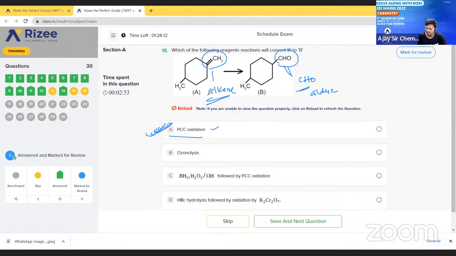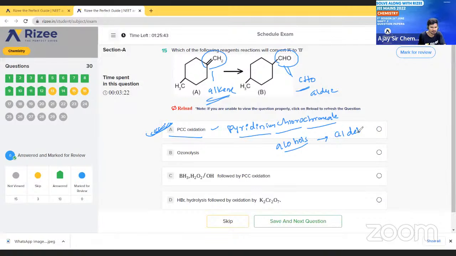What is meant by PCC oxidation, tell me. PCC means pyridinium chlorochromate. In this reaction generally alcohols are going to convert into aldehydes.